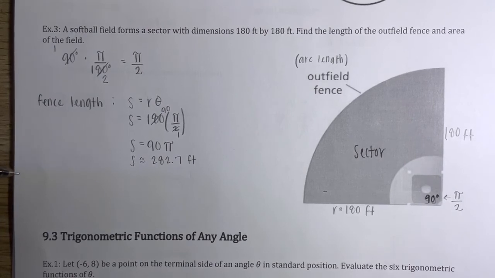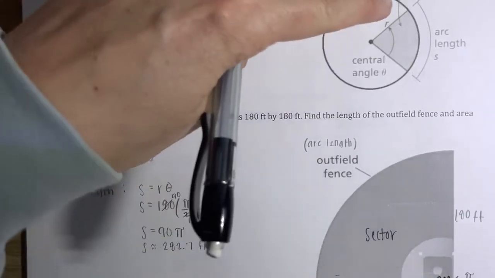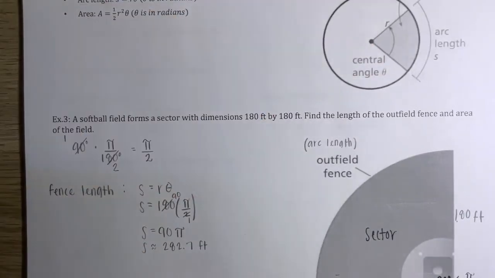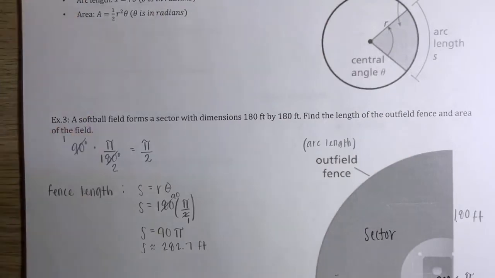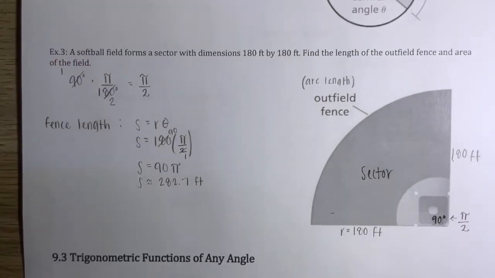And then for the area of the entire field, if we look back up here, that piece of the circle, it's kind of like a triangle, but obviously this is curved, that's our sector. So we can use the formula for the area of a sector.